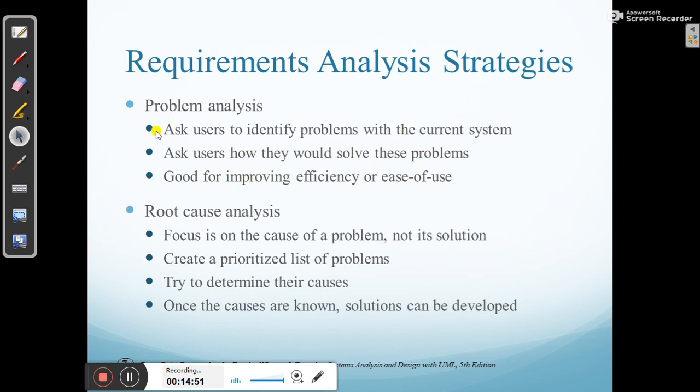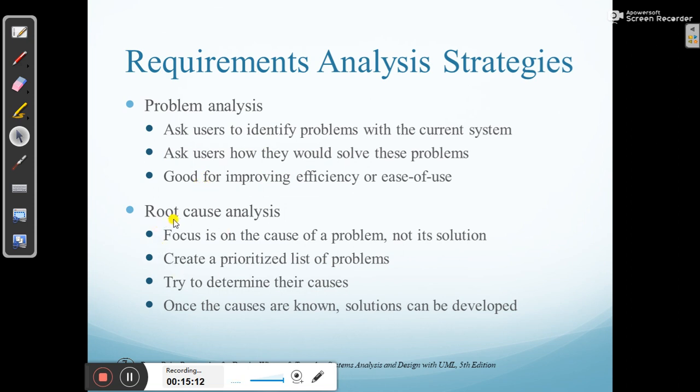And to know these things we need to know the problem. So that is why we need to analyze the problem with respect to the current system. We need to ask the users how they would solve these problems. So using various techniques, we need to analyze the problem.